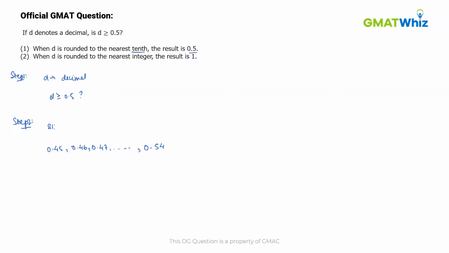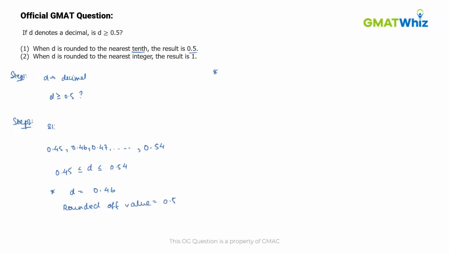From here we can see that the value of D lies between the range 0.45 and 0.54. Now let's take two values of D. First, when D is equal to 0.46, the rounded off value will be equal to 0.5.